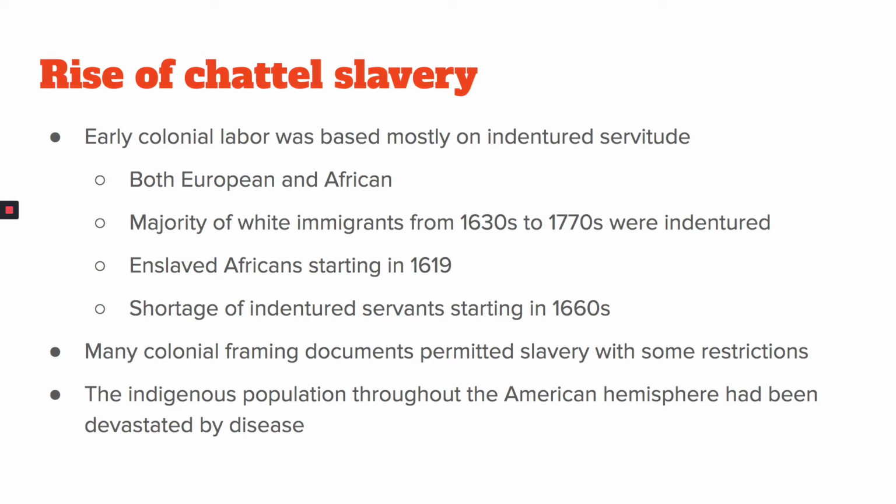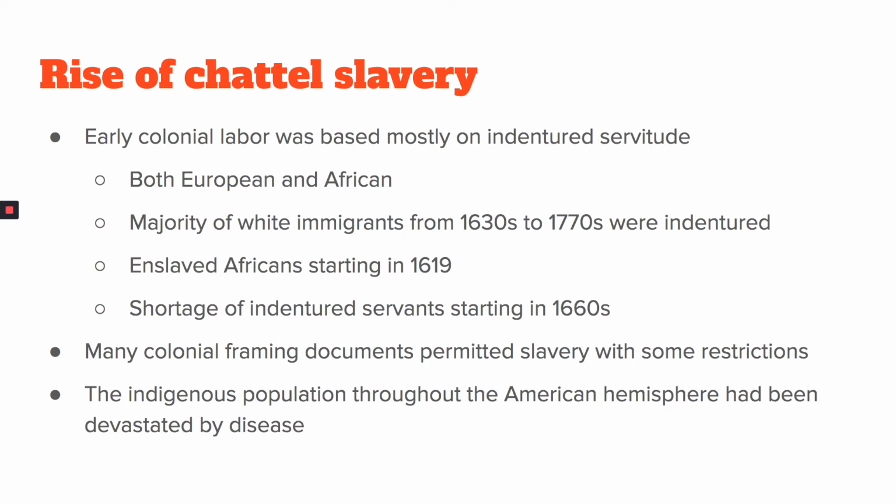Early on, the colonial labor system was based mostly on indentured servitude, which was basically a contract system in which somebody would sign a contract for 5 to 7 years, depending on the contract. Typically, this would help pay for their journey from Europe to the American colonies.